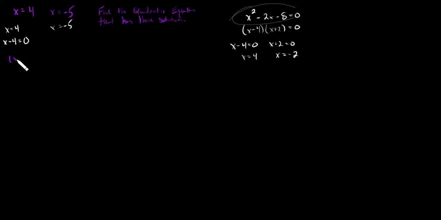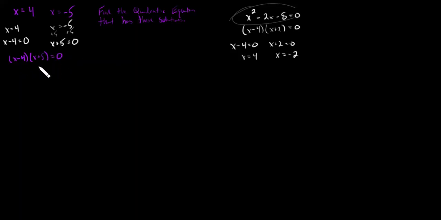X minus 4 gets me the solution of 4, so that had to be one of our two factors. And if x was equal to -5, to get this back equal to 0, I would add 5 to each side to get x plus 5 is equal to 0, and that's my other binomial, x plus 5.